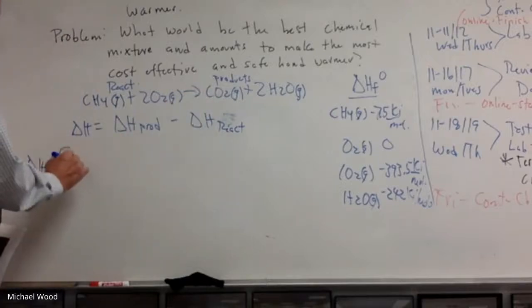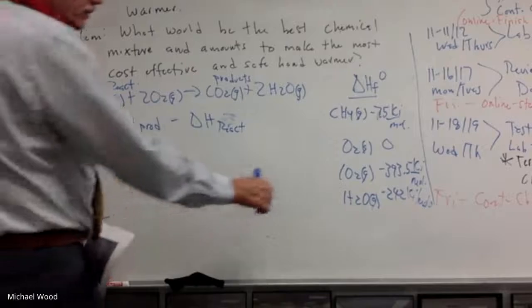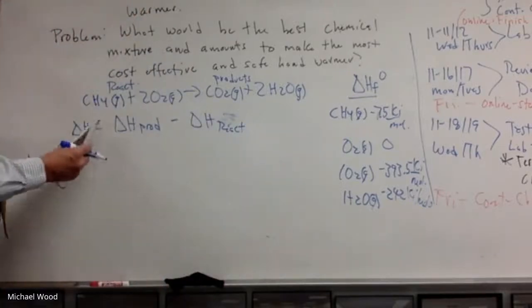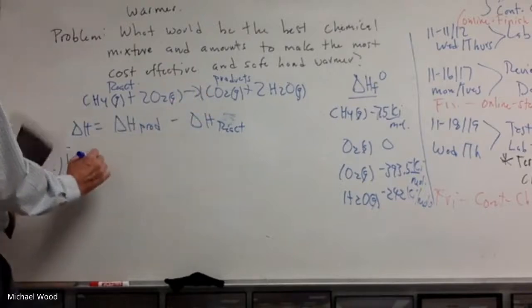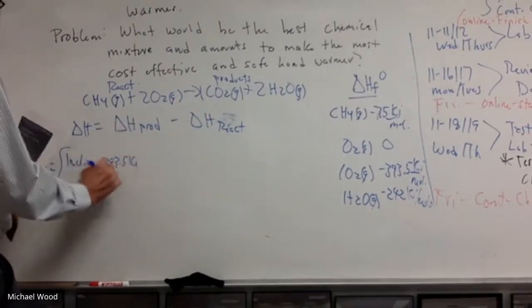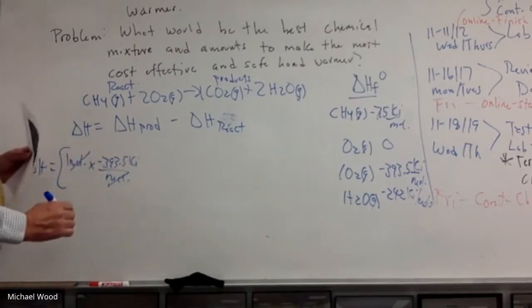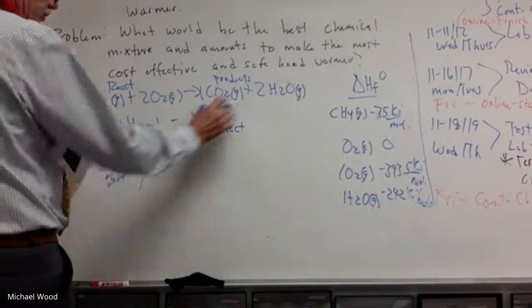So I've got 1 mole of CO2, and CO2's value, which I have to be given, is negative 393.5. The 1 is because the coefficient was a 1. So times negative 393.5 kilojoules per mole. The moles cancel out. So that's the CO2, and then I'm going to do the H2O.